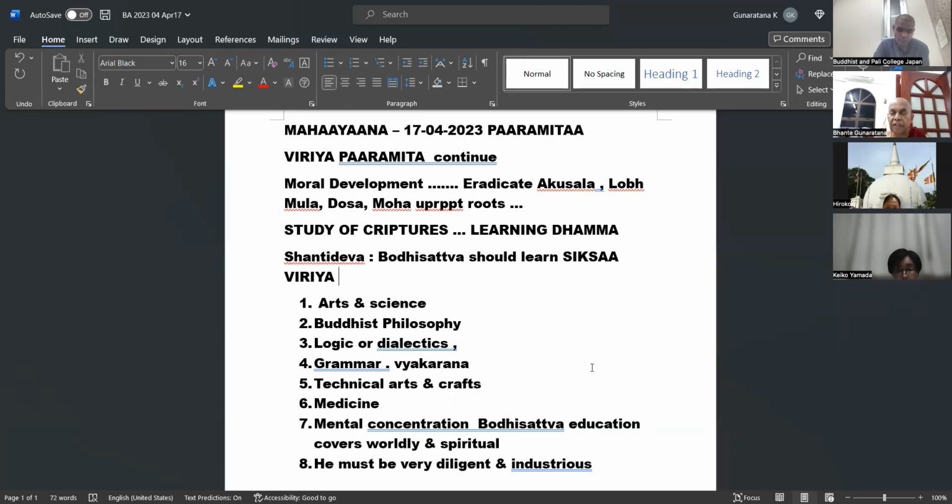Otherwise, our physical tiredness and verbal needs can disturb our development. But here also you see mental concentration, the development of mind. That's also part of Bodhisattva education.